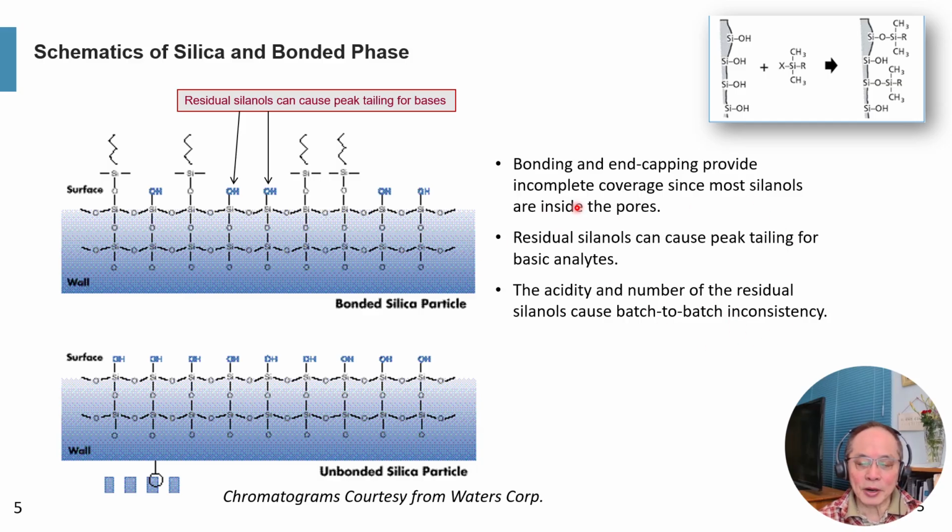So it was a big problem prior to two decades ago, in the 70s, 80s, and even 90s, that these residual silanol groups, due to activated residual silanols, caused batch-to-batch problems.